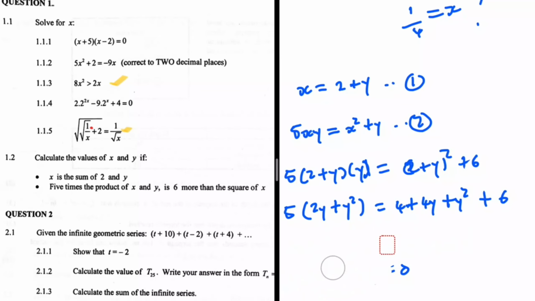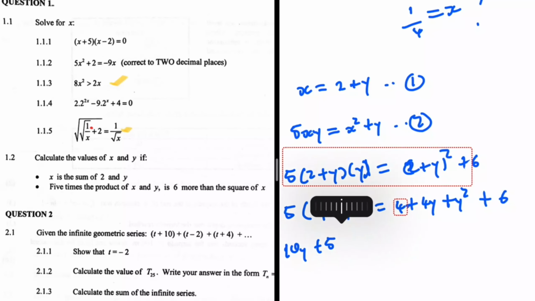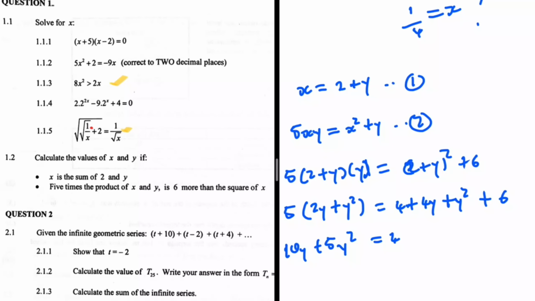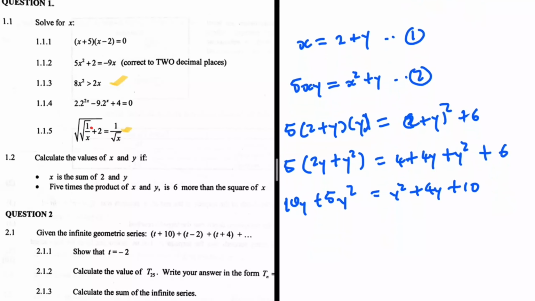So let me erase this. Okay. So that is 10y plus 5y squared being equal to 4 plus 6, which is going to give us 10, right? So this is equal to y squared plus 4y plus 10. So easy to make a mistake.